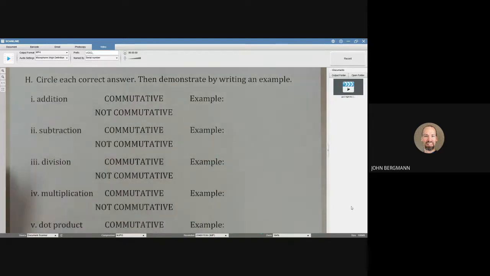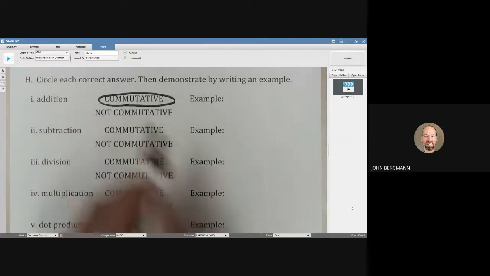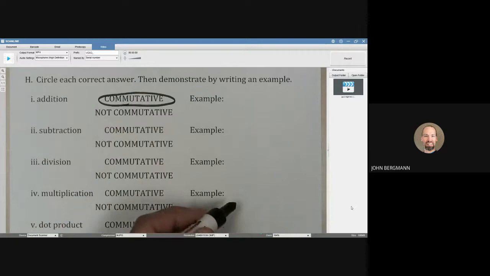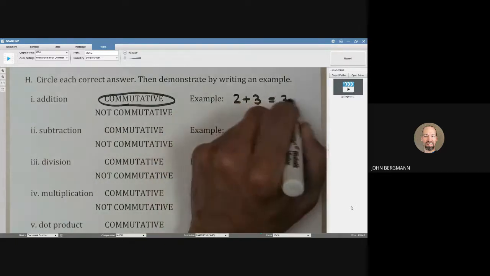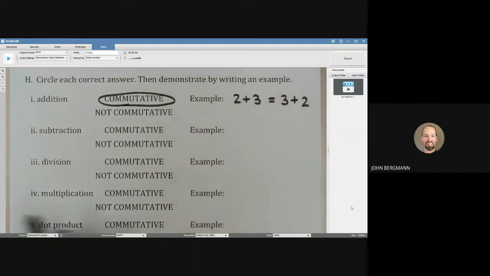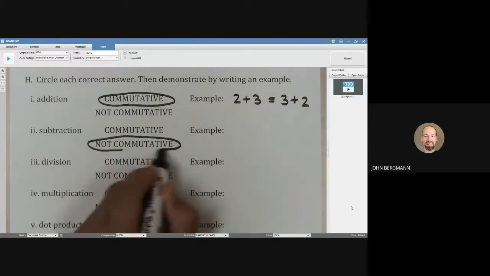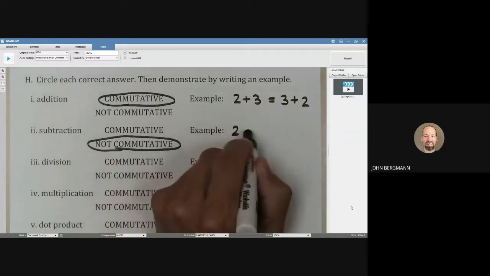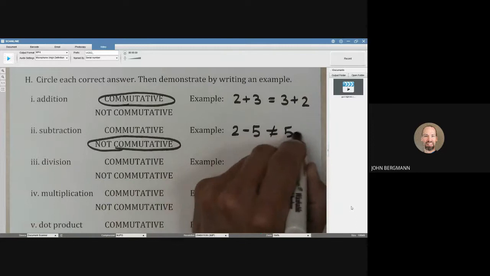All right, a couple more basics. Are these processes commutative or not? Addition is a commutative process. You learned this in first grade. 2 plus 3, 3 plus 2, doesn't matter the order at all. What about subtraction? Not commutative. 2 minus 5 is not the same as 5 minus 2.